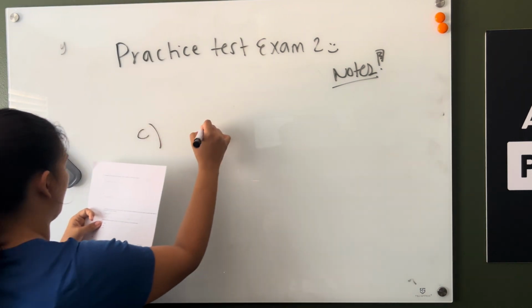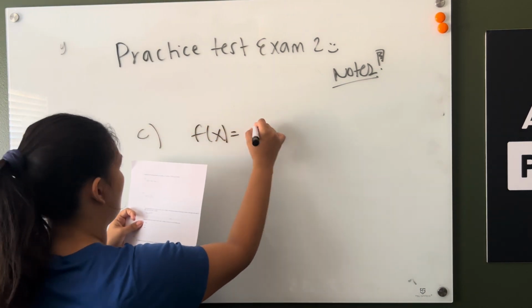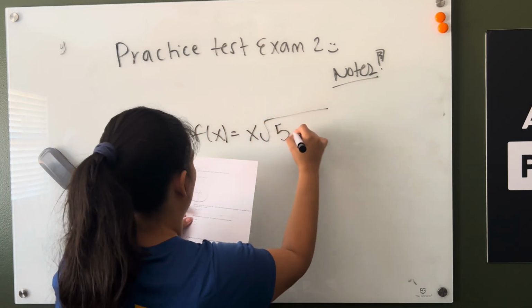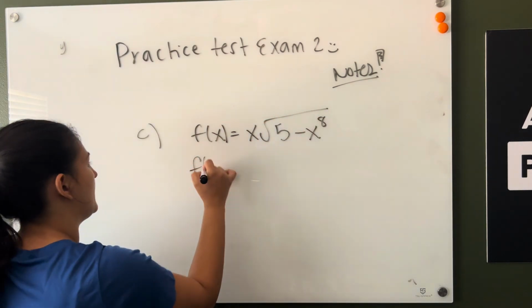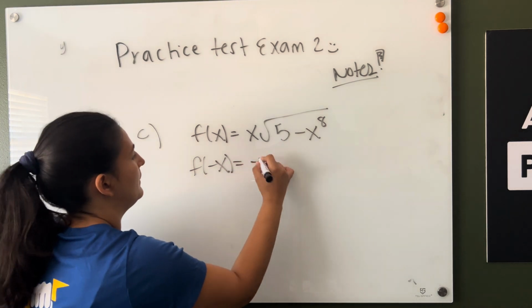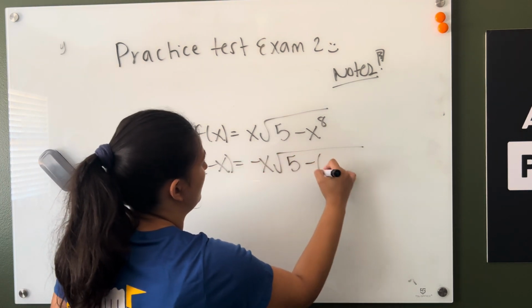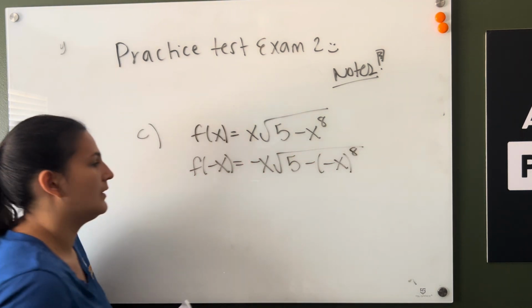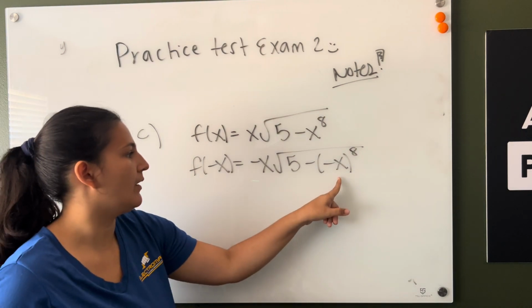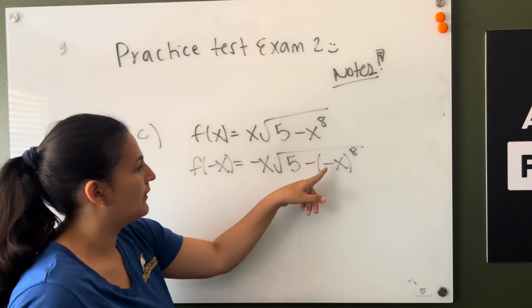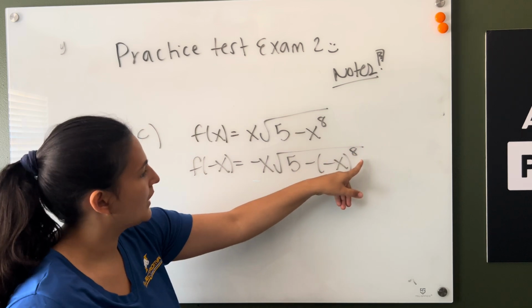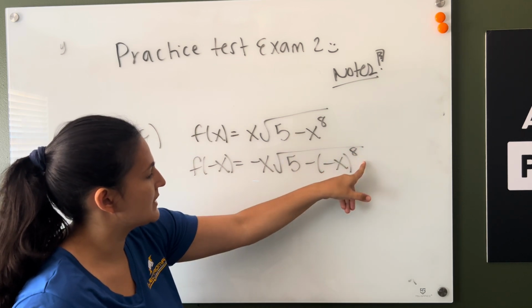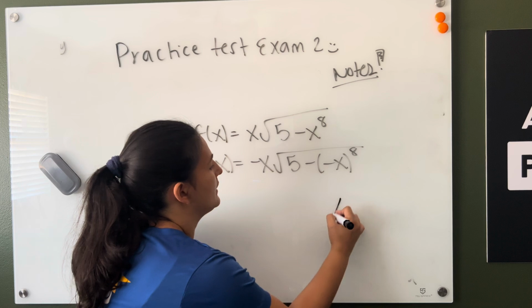Alright, last one on the practice test, f of x for even and odd. Same thing, I'm going to go ahead and plug in negative x. I'll start over here because it's raised to the 8th power in parentheses. Again, I'm raising a negative to an even power, multiplying a negative an even amount of times, so that's going to be positive x to the 8th.